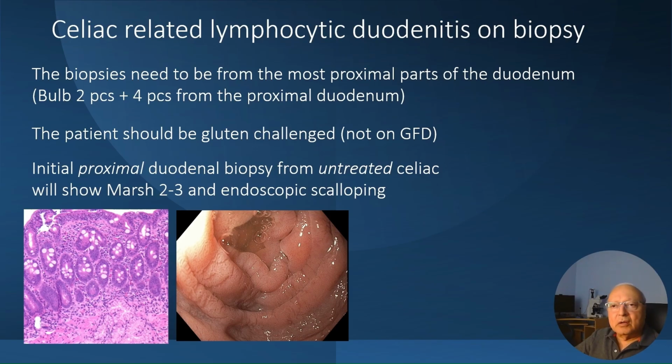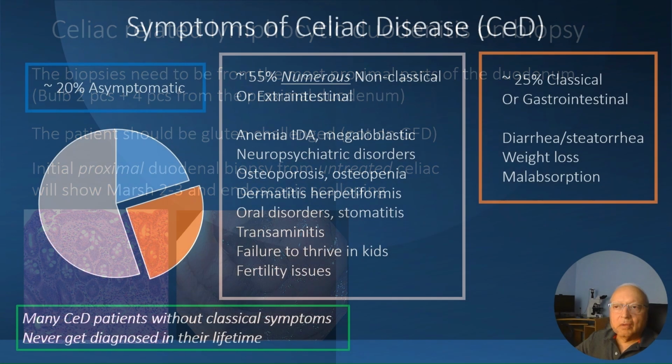The initial proximal duodenal biopsies from untreated celiac will almost always show higher Marsh grade, typically Marsh 3, and may have completely flat lining or severely atrophic villi and scalloped proximal duodenum on endoscopic images.